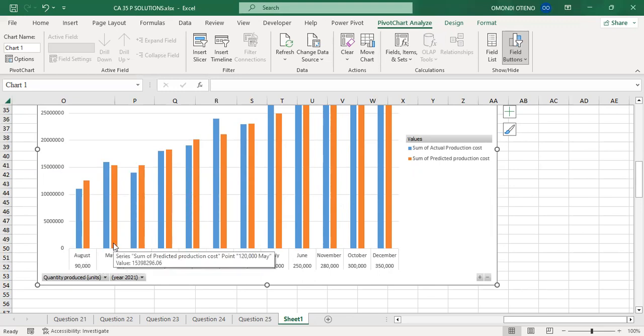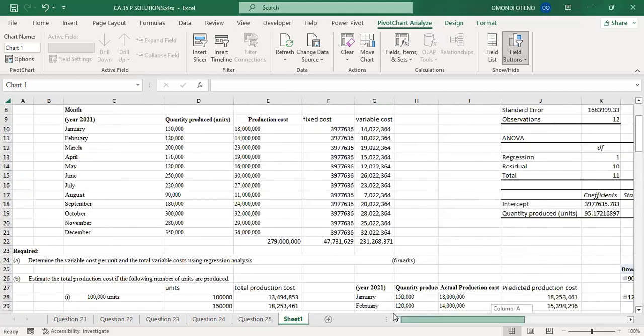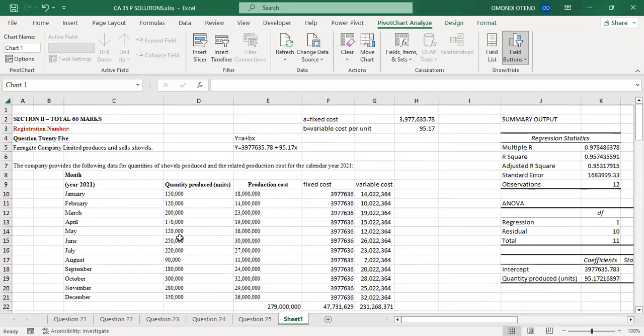If you look at this here, predicted is 115,398,296. Actual is 16 million. So that's what you can see given there. That's what you are expected to do in that question, and then you get your 20 marks.